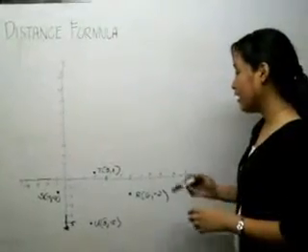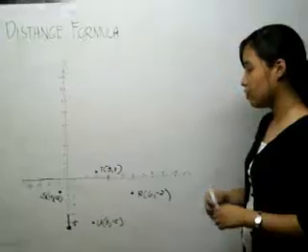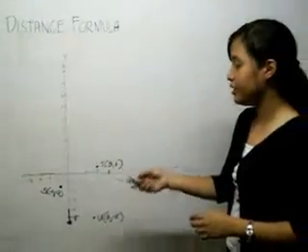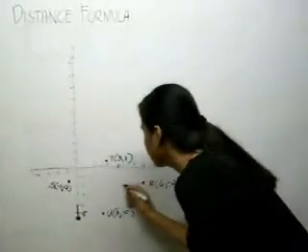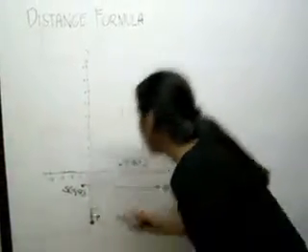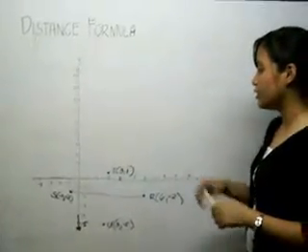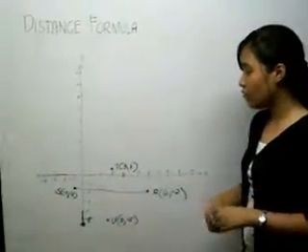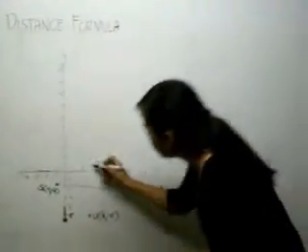Now, let us find RS, with point R with the coordinates 6 and negative 2, and S with the coordinates negative 1 and negative 2. And find segment TU, with the coordinates for point T, 3 and 1, and for point U, 3 and negative 5.